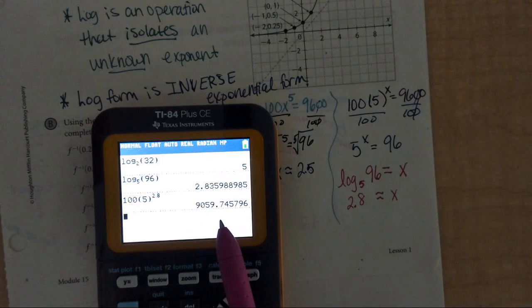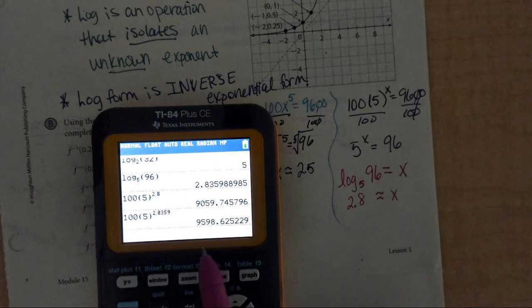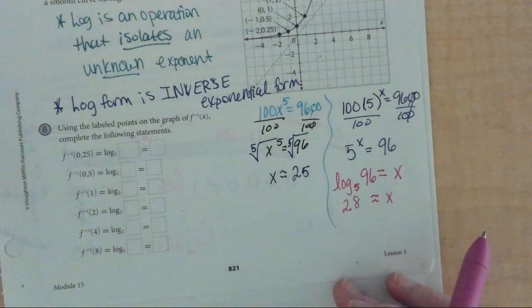But notice I'm well under 9600 because I cut that decimal off so soon. So if I do 5 raised to 2.8359, notice I'm just taking most of that decimal. See, I'm getting closer to 9600 just from using the decimal. So the more of the decimal I use, the more correct I'm going to be.